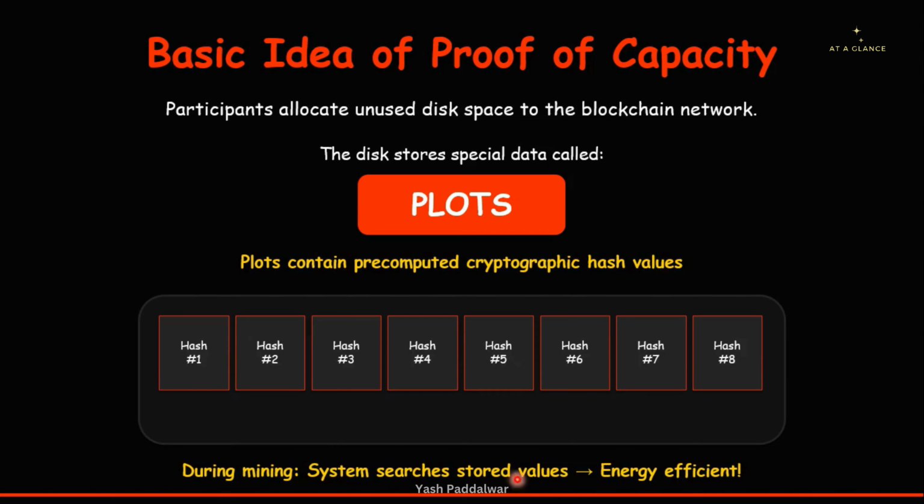During mining, the system searches the stored values to find the best solution. Because these values are pre-computed, the process becomes much more energy efficient. So I hope the basic idea of how proof of capacity works is clear to you all.